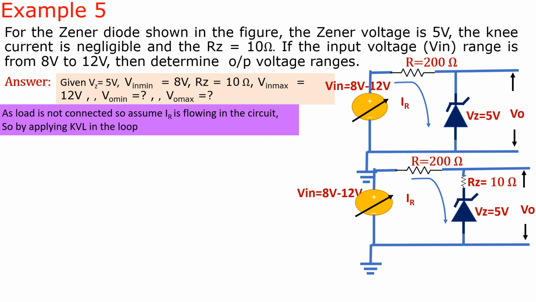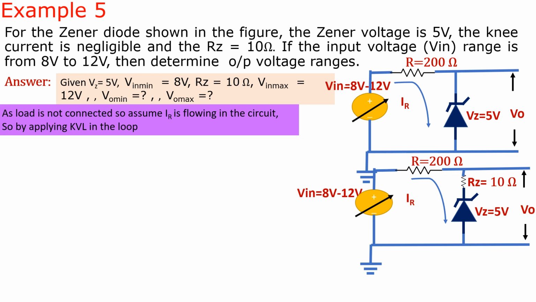As here load is not connected, assume IR is flowing in the circuit, through the series resistor and the Zener diode equivalent circuit.